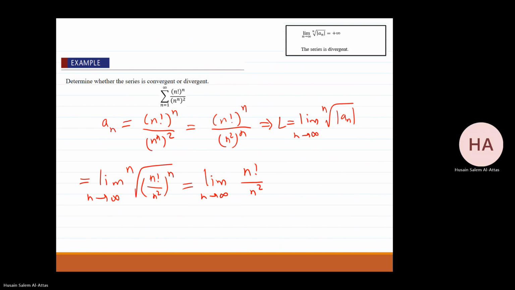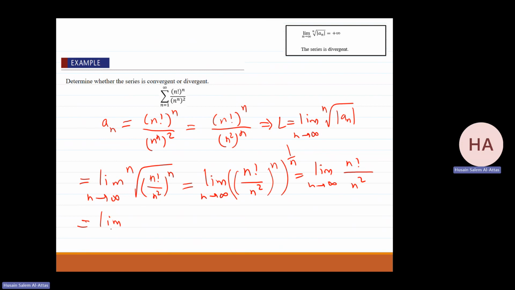And that is this limit. You can do it this way: this to the power n, all to the power 1 over n, which is this limit. To see it, we can do it this way.